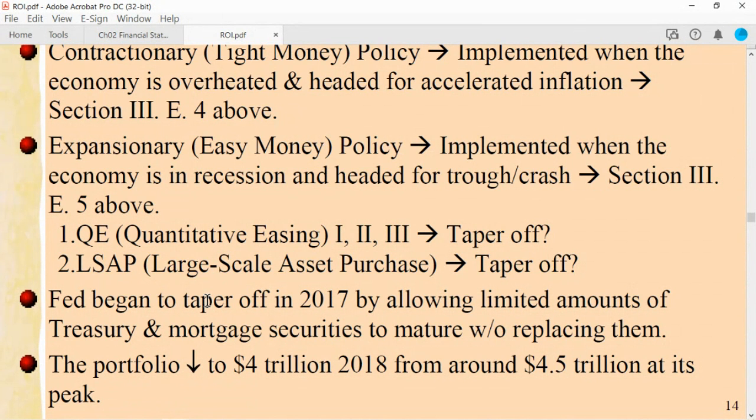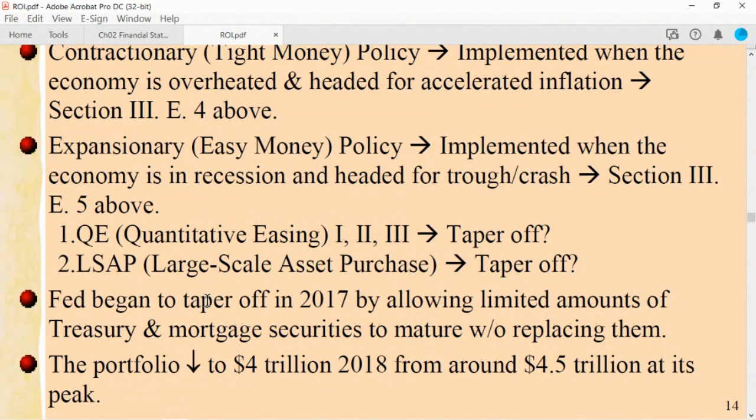And then, under the Obama administration, Fed Chairman Ben Bernanke at the time implemented quantitative easing. So then the Republicans were criticizing the Obama administration and the Democrats for that inflation scare, which never materialized, which never happened.